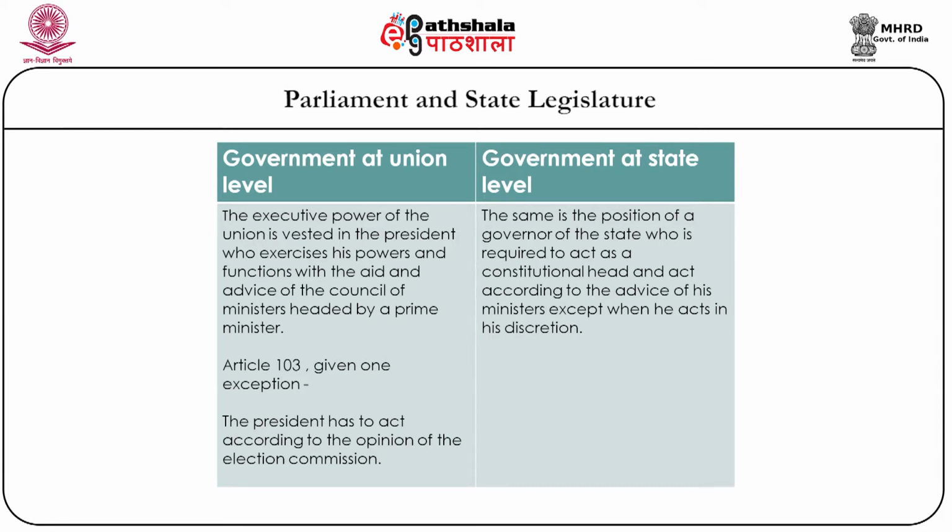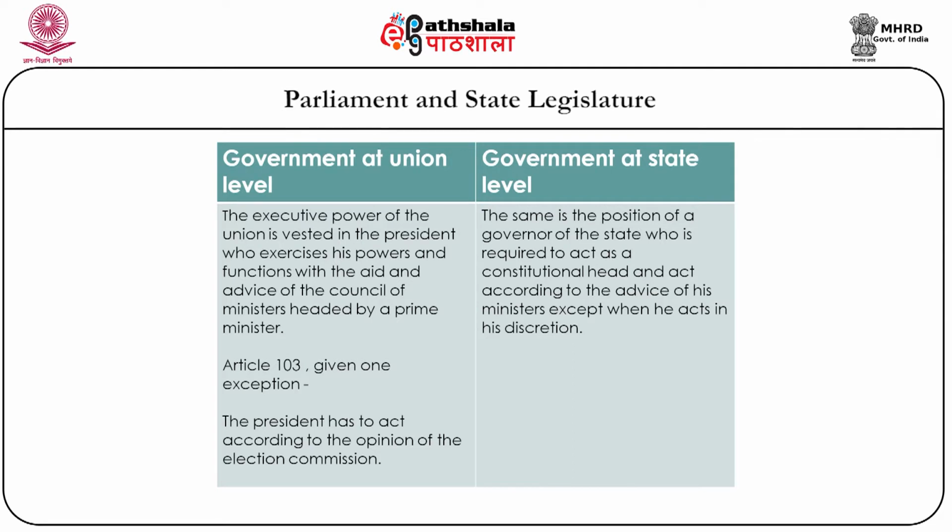Now again, I would like to point out one important and interesting factor: naturally the President has the power to function with the aid and advice of the Council of Ministers headed by the Prime Minister, but he has to act according to the opinion of the Election Commission, according to Article 103.